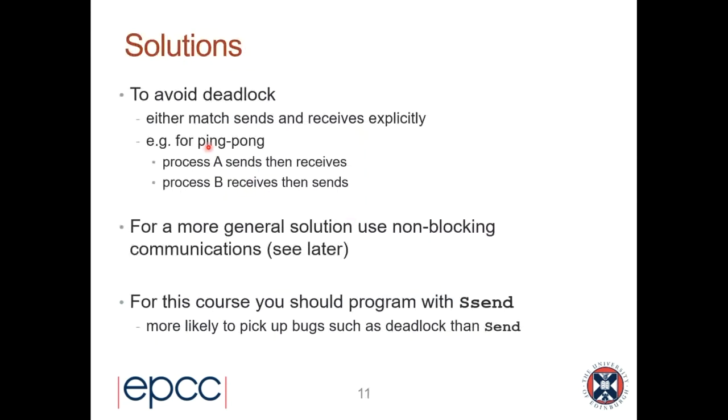So to avoid deadlock, we either match sends and receives explicitly, and this is like a ping pong. Process A sends, then receives. Process B receives, then sends. For a more general solution, you have to use non-blocking communications. And the reason you can use non-blocking communications is that you can say to MPI, please start this communication, be it a send or a receive, return control to me, and we'll come back later and see if it's completed.